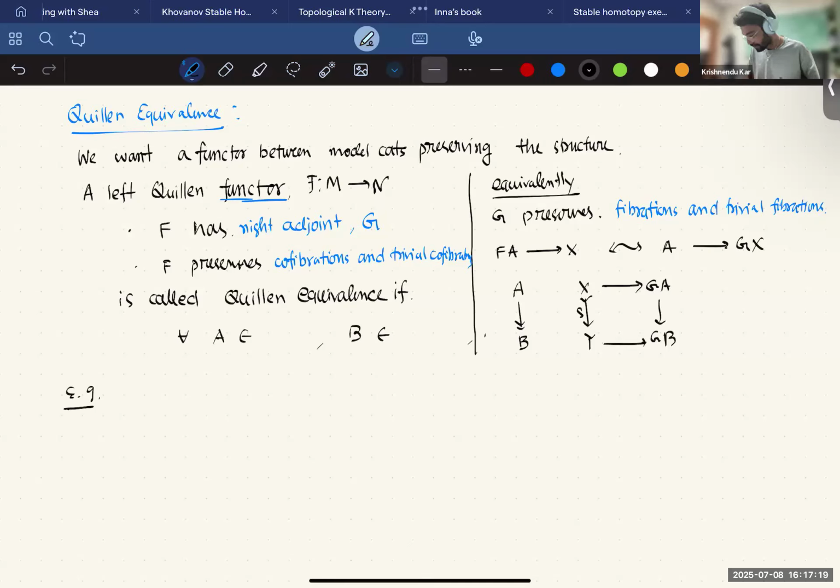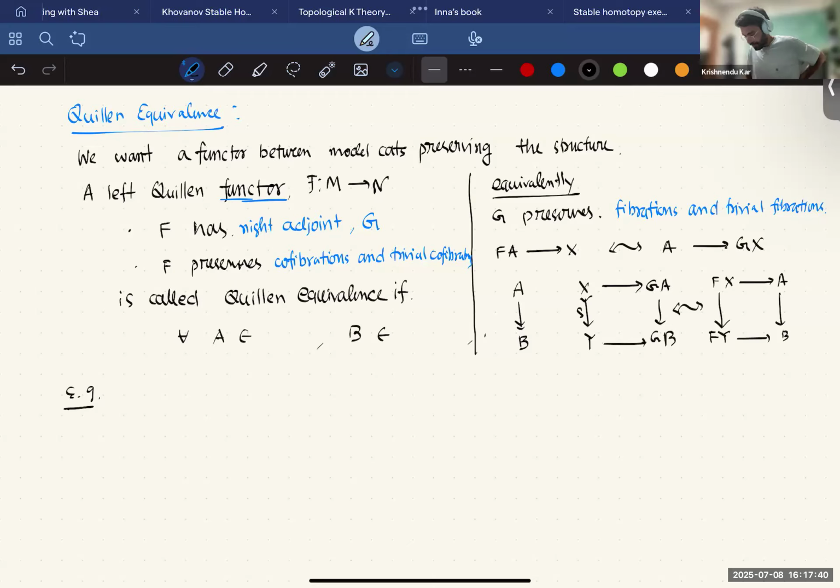Now this diagram gives me an analogous diagram by the adjunction: FX to A, B to FY.